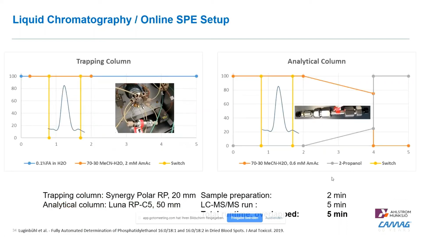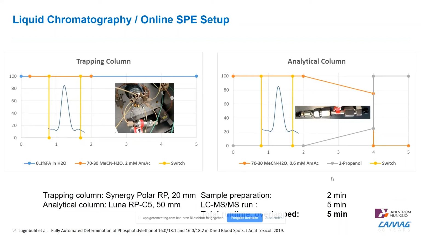A bit more in detail, we can see that here. On the left, we see the trapping column, which gets preconditioned with formic acid and water. Afterwards, we load the sample onto the column and start at time point 0 by flushing a little bit more with water, then changing to a more organic composition, which is 70-30 acetonitrile water with some ammonium acetate within.